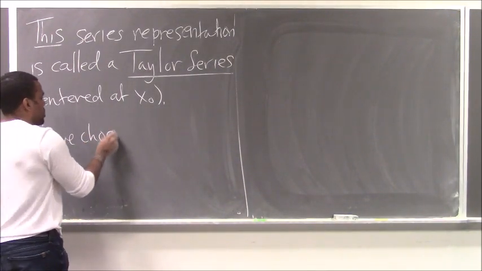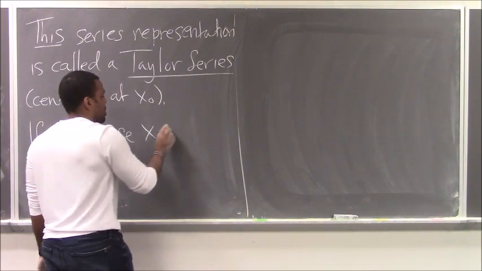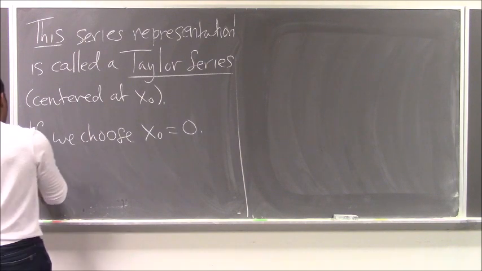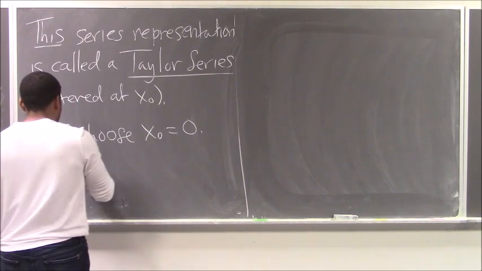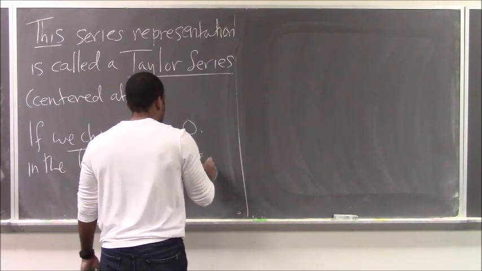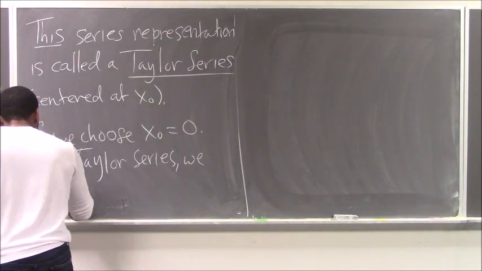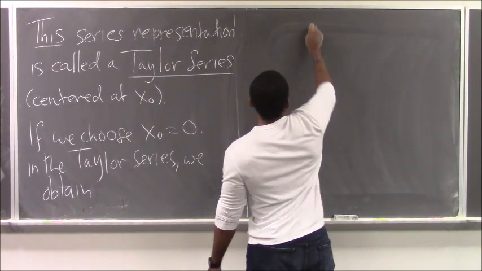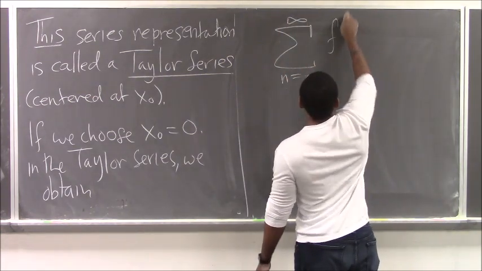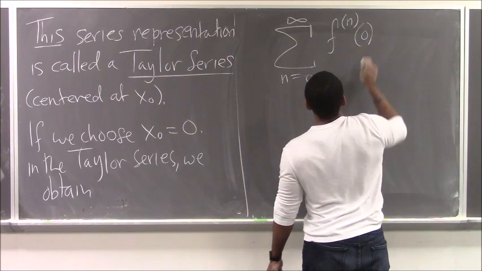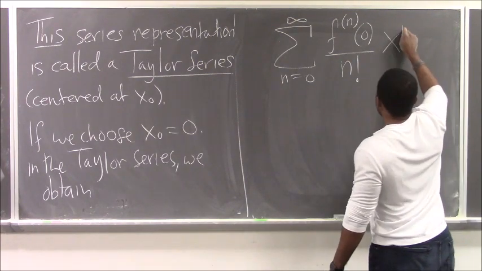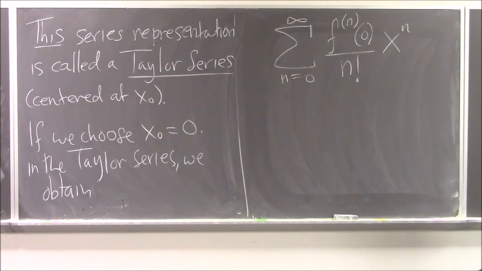If we choose x naught equals 0 specifically, we're centered at 0 in the Taylor series, we would obtain, well, this series. f to the n evaluated at 0 specifically, divided by n factorial, times x to the n. So it's not just x minus x naught, it's x to the n.